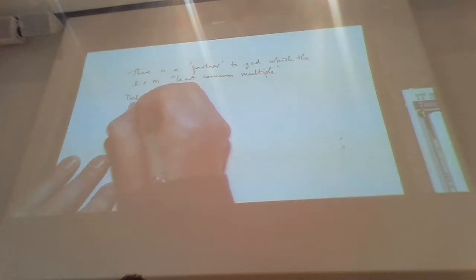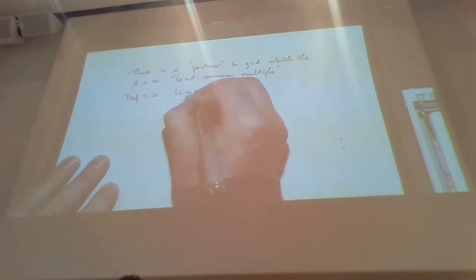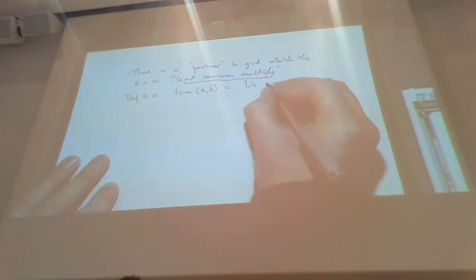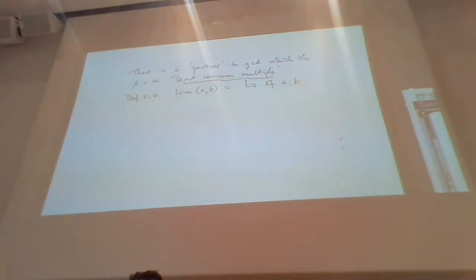So just as you can have the greatest common divisor of a pair of numbers, which is the largest number that divides into them both, we might also look at the least common multiple, which is the smallest number which is simultaneously a multiple of two integers. So this is defined in definition 2.6. The LCM of A, B is basically the least common multiple of A and B. Its name is its definition.